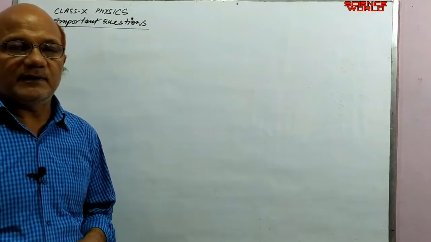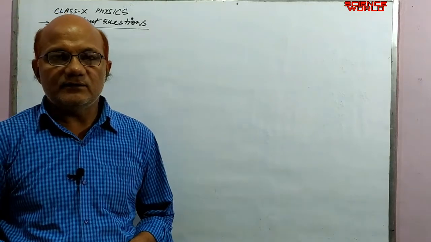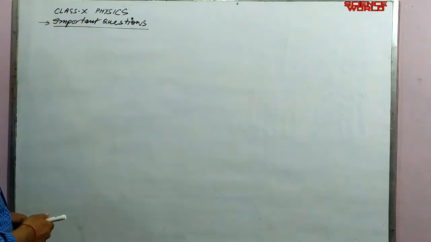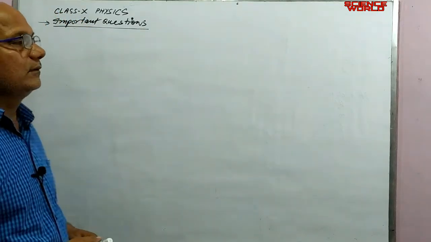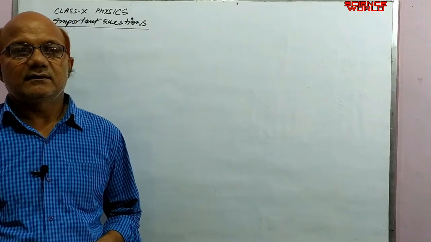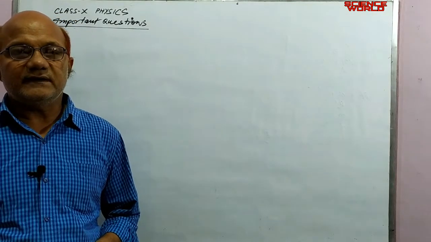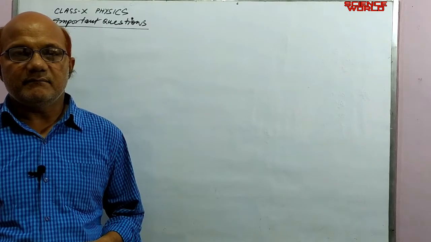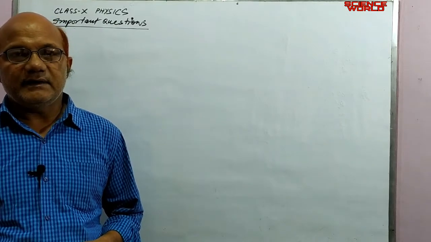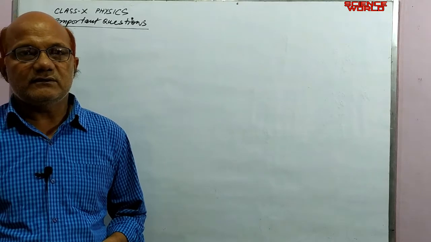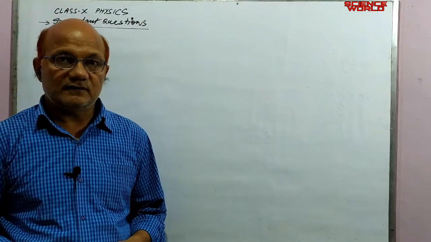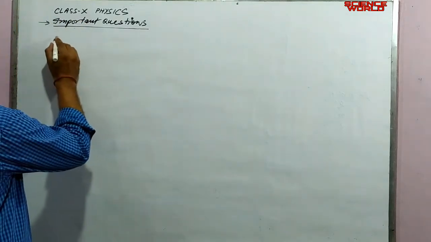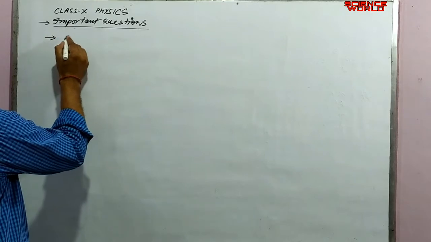Now, from this table you can answer any question related to spherical mirror, like where you place the object in front of a concave mirror to get a magnified erect and a magnified inverted image of the object. This is the question. What type of image do you want?